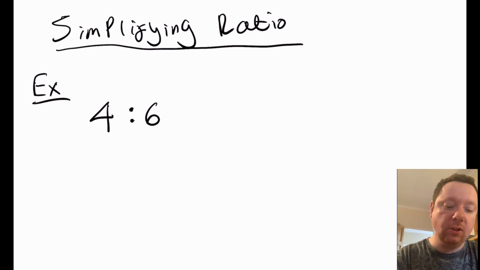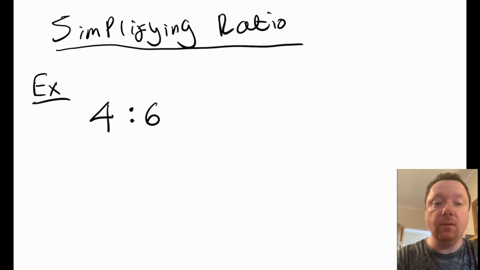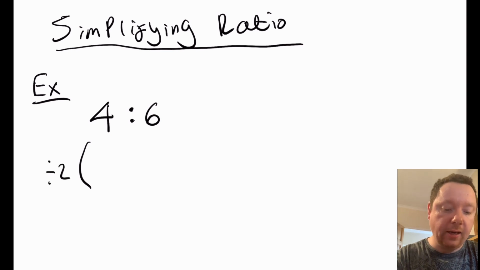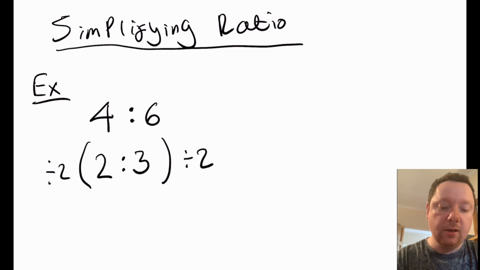So I need to find the biggest number that goes into both 4 and 6, and that is 2. So I divide by 2, doing the same thing to both sides. 4 divided by 2 is 2. 6 divided by 2 is 3. So 4 to 6 simplified is 2 to 3.